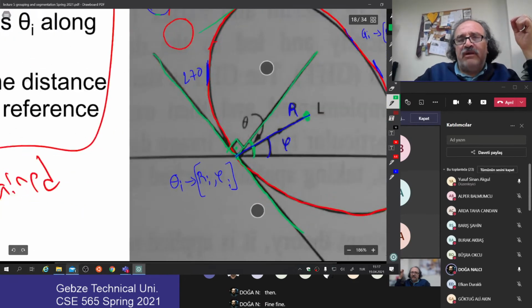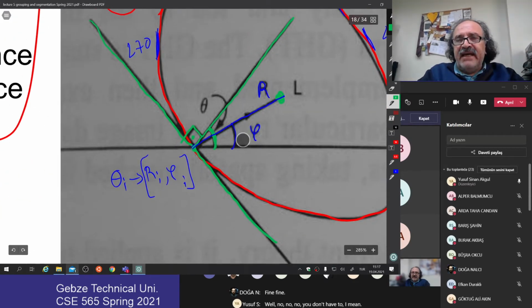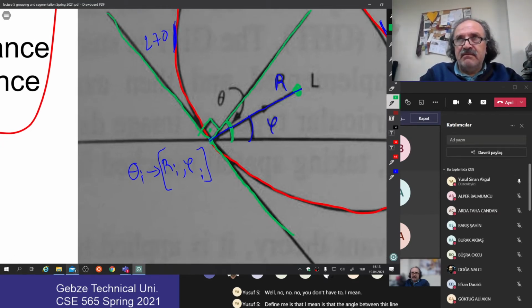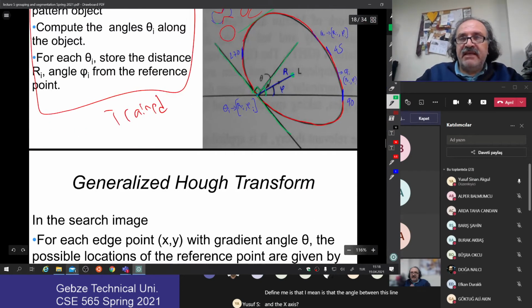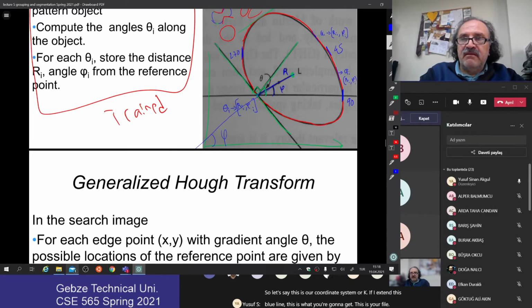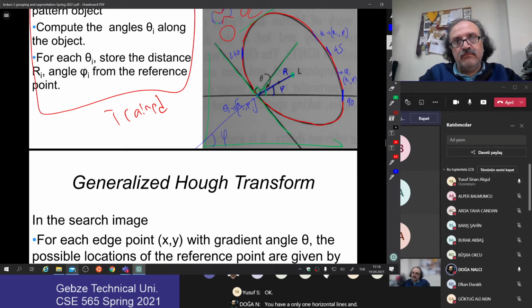Well, no, you don't have to. The phi means the angle between this line and the x-axis. So let's say this is our coordinate system. If I extend this blue line, this is what you're going to get. This is your phi. We have only one horizontal line. Okay, I understand now.